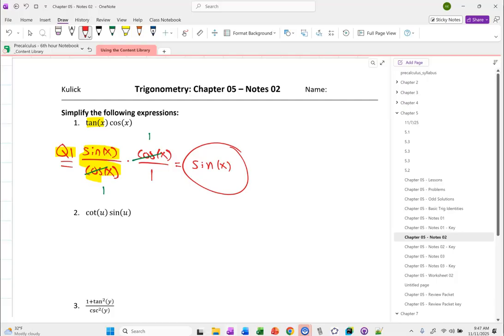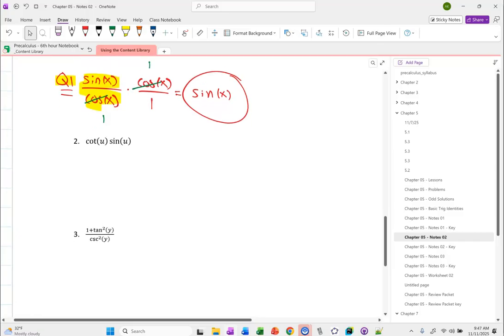Everybody's cool? Let's keep it moving then. Cotangent u times sine u. Does this look very much in setup like the previous problem? Should, that's the point. Alex, can you do Q2 and change the cot to cosine over sine?